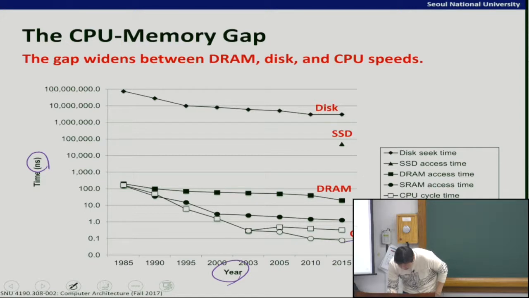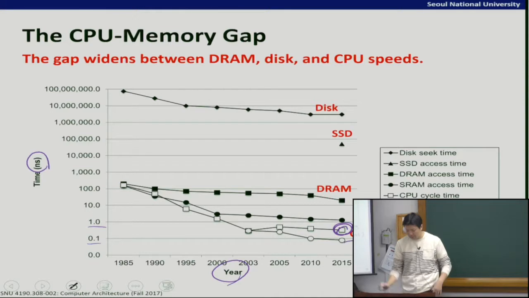So if you see here, CPU clock rate is somewhere between 3 to 4 gigahertz today if you use a desktop. So this is somewhere around 0.3 to 0.25 nanosecond cycle time. So our CPU is here, because it's somewhere between 1.0 and 0.1, right?